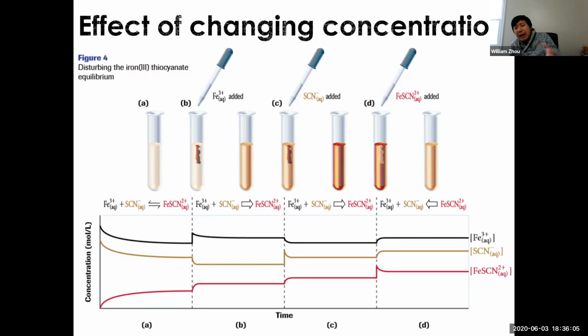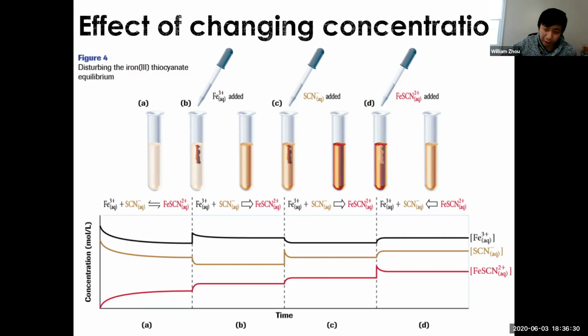D, you now have a really dark solution. What happens if you add more of that dark solution? So iron thiocyanate is now being added. You might think, I have a dark red, I add more dark red, it's going to be darker or stays the same, right? No. If you add more dark red ions, in fact, it will become lighter due to Le Chatelier's principle again.